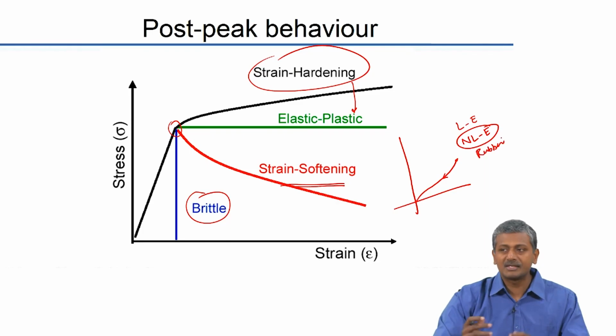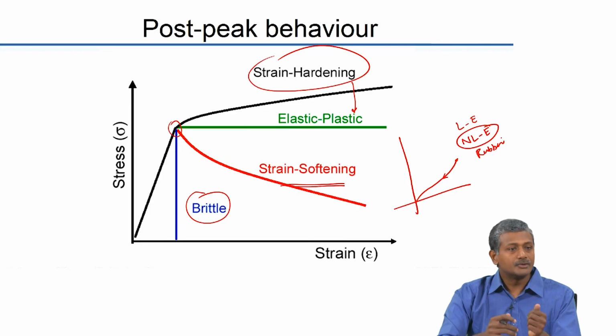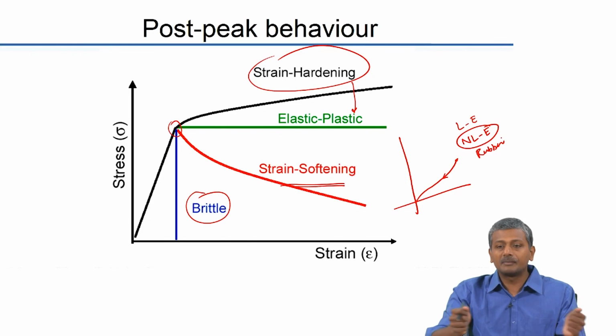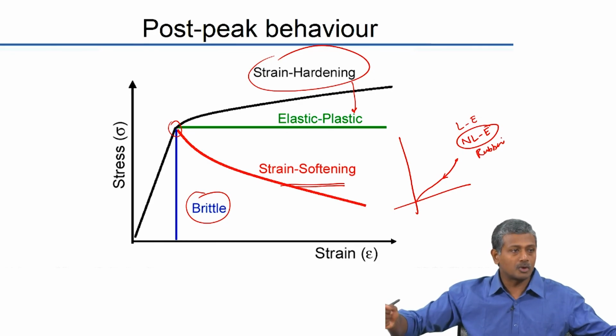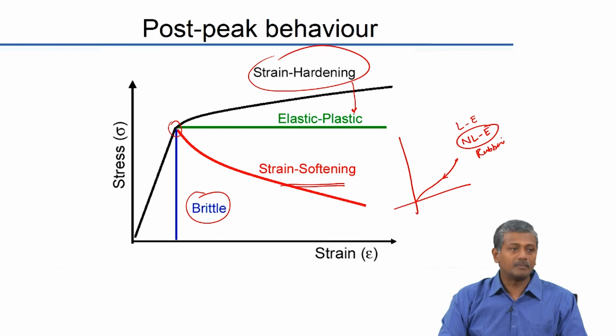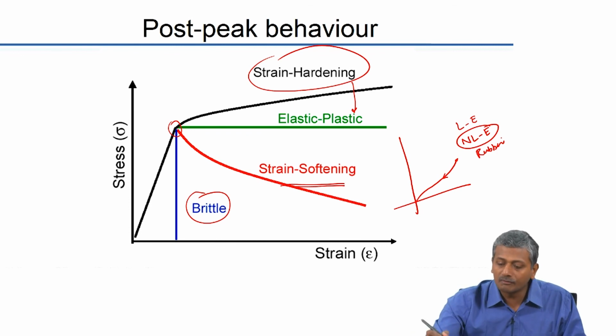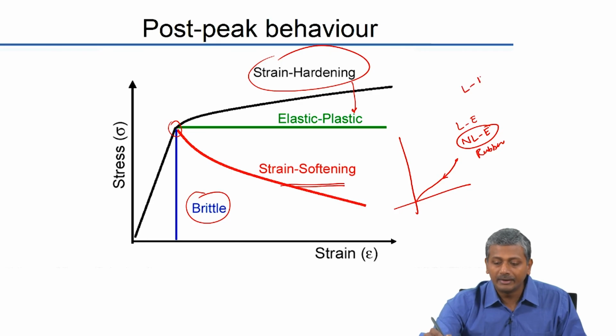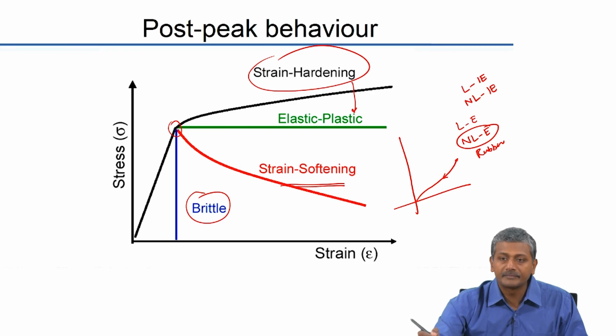Yeah, rubber is a non-linear elastic material. Okay, because rubber has these polymer chains that are entangled. So, as you increase the stress on it, there is some disentanglement and some order that is brought about in the structure, but when you release the load, it is able to come back. Okay. Then of course, you have the other combinations, linear and inelastic, and finally non-linear inelastic. Okay.